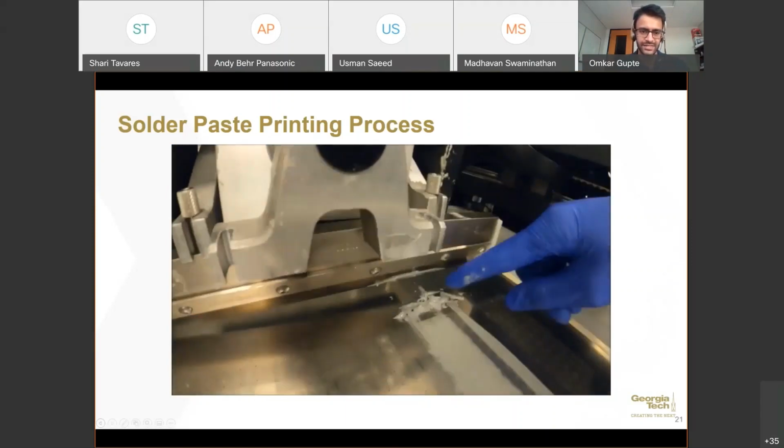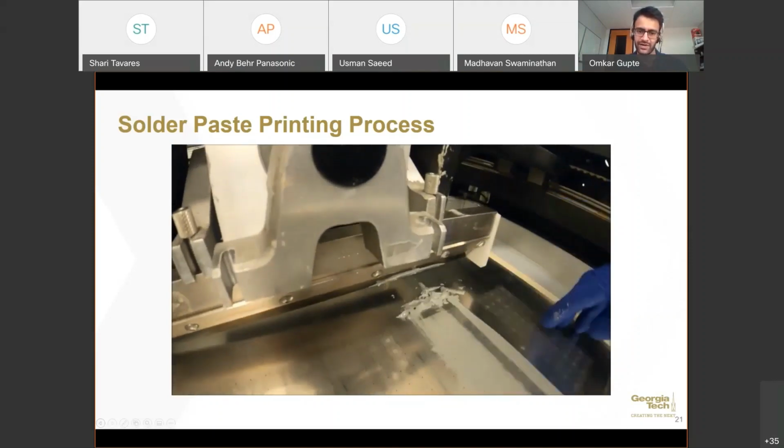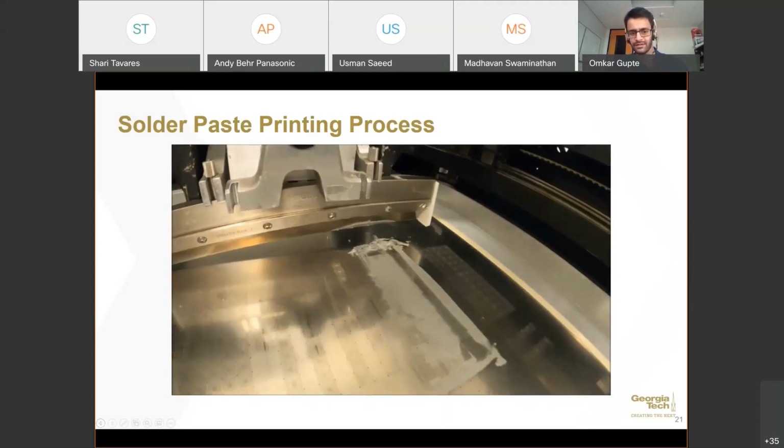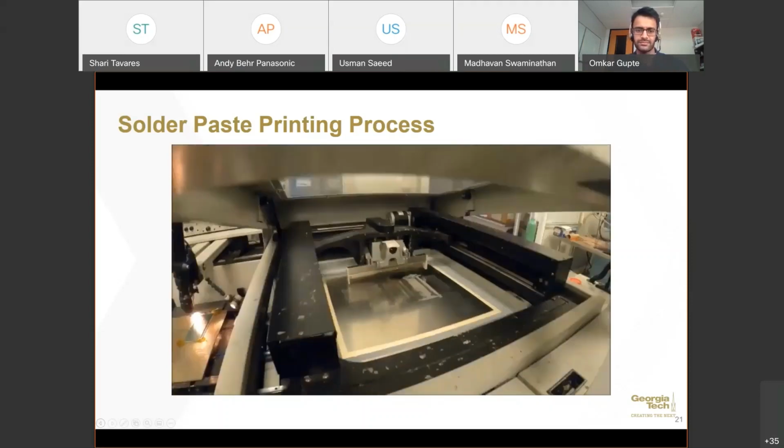So essentially, this is the squeegee, this is the stencil area, and this is the area where the paste needs to be printed. So the board is aligned to this area of the stencil, and the solder paste is initially put at one end of the printing pattern.